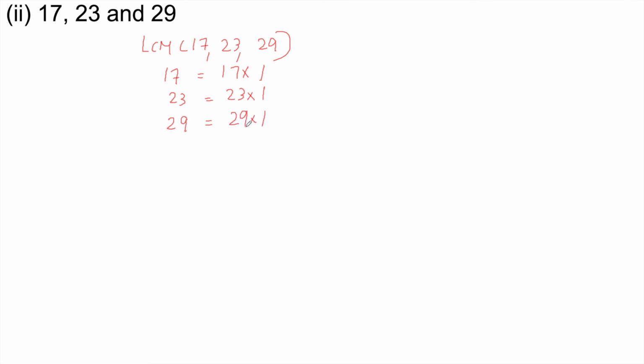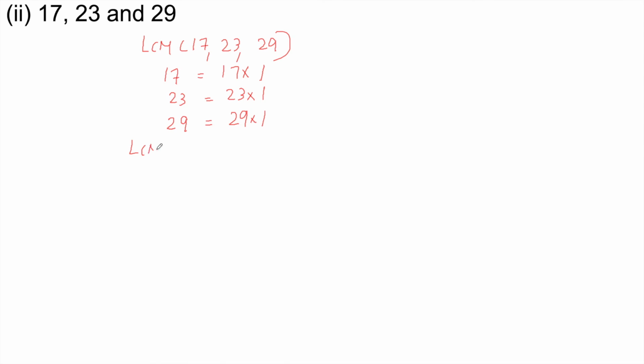And here first we will find the LCM. LCM of 17, 23 and 29. Okay, 17 is a prime number, so the factors are the number itself and 1. 23 is also a prime number, so the number itself and 1. 29 again the number itself and 1.